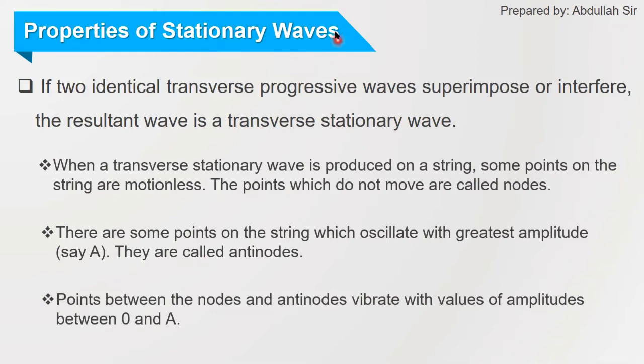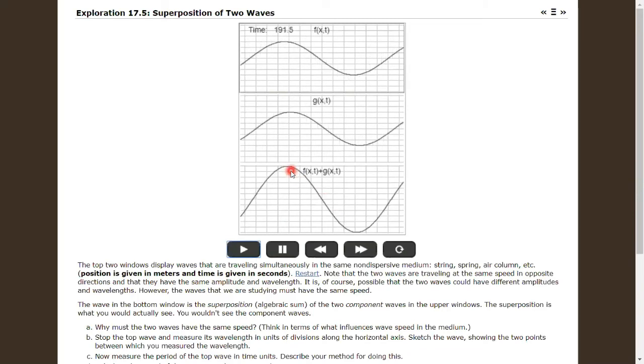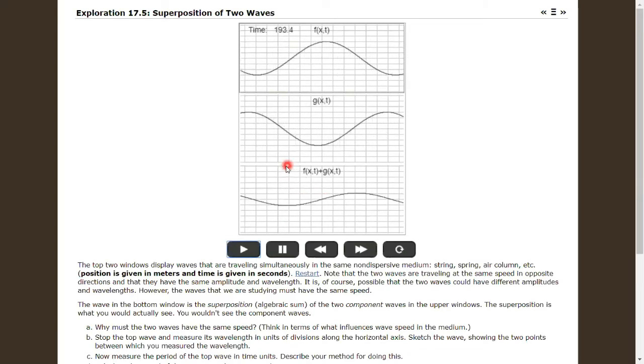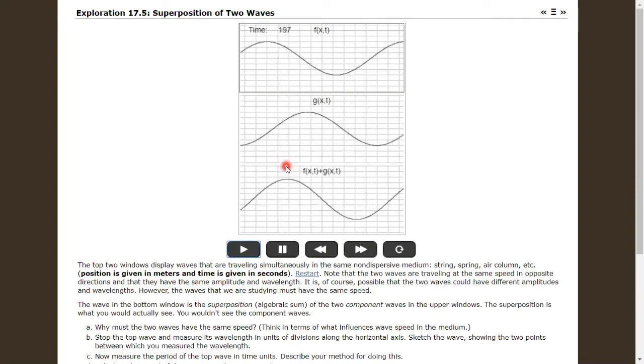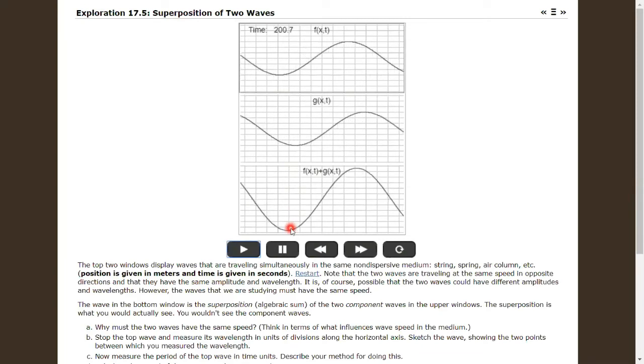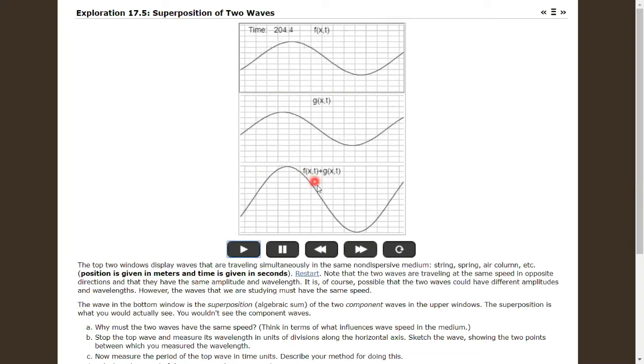So in order to understand this, we are going to see the animation again. Nodes are having 0 amplitude while antinodes are having maximum amplitude, and we will say that that maximum value is capital A. Now look at the particle in between antinode and node.